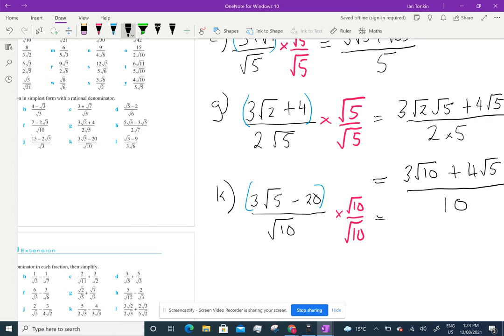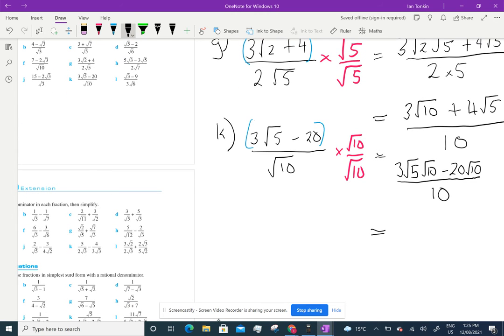So, again, I'm going to write it out long. I'm going to get 3 root 5 times root 10 minus 20 root 10. And on the bottom, I get root 10 times root 10, and I'm going to get 10.